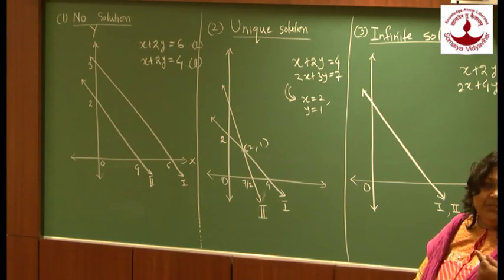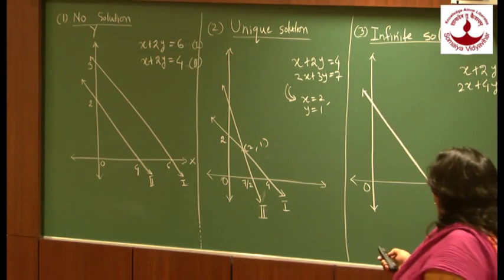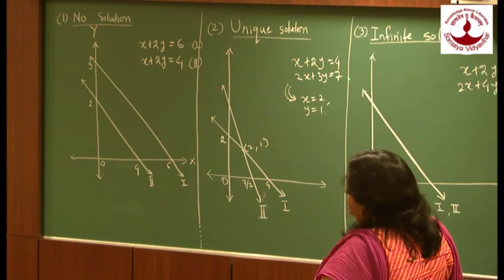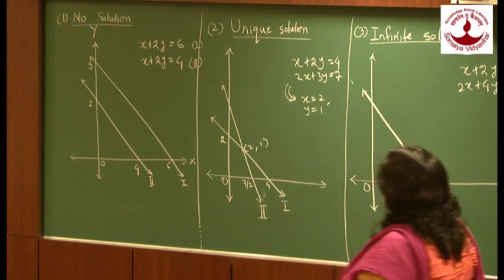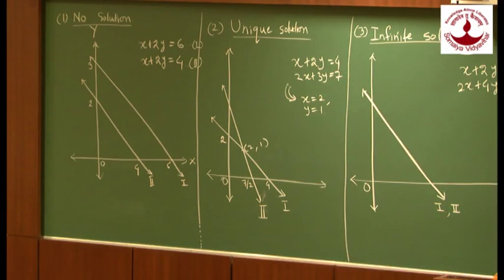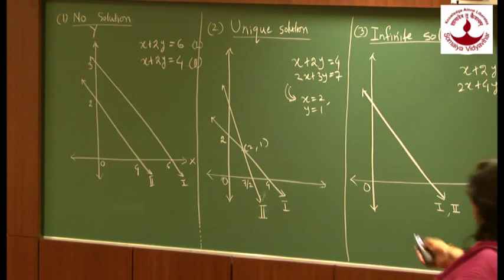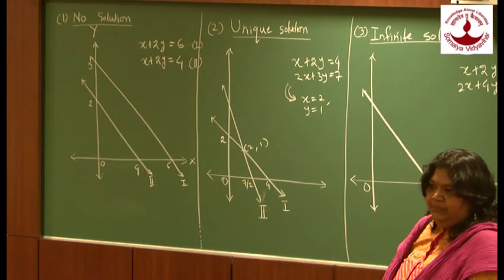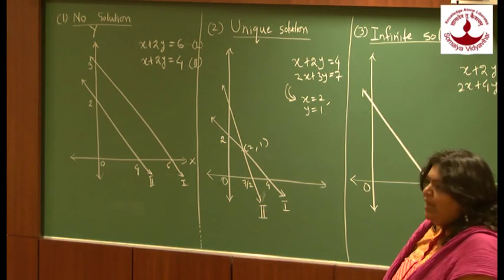Right? Come to the second case, unique solution. Exactly one solution. Okay, I have taken the system here as x plus 2y equal to 4 and 2x plus 3y equal to 7. On solving simultaneously, of course, you can easily obtain the solution as x equal to 2, y equal to 1. Now let us check graphically what happens.